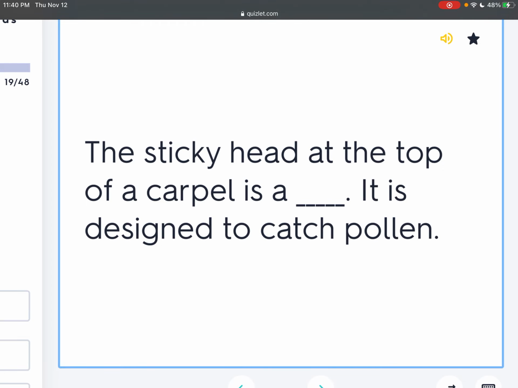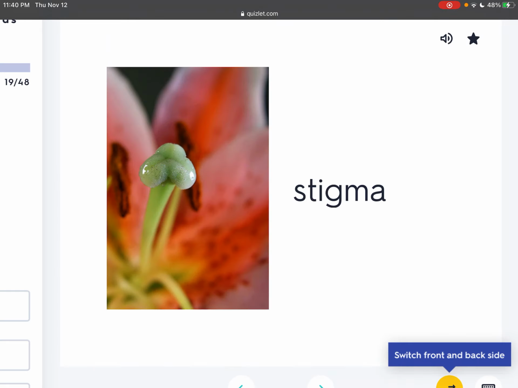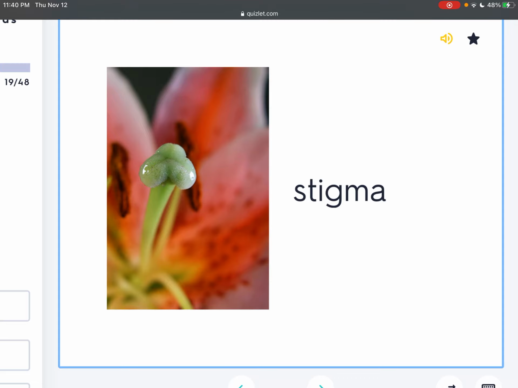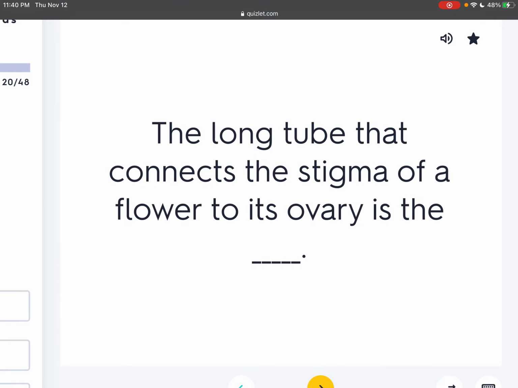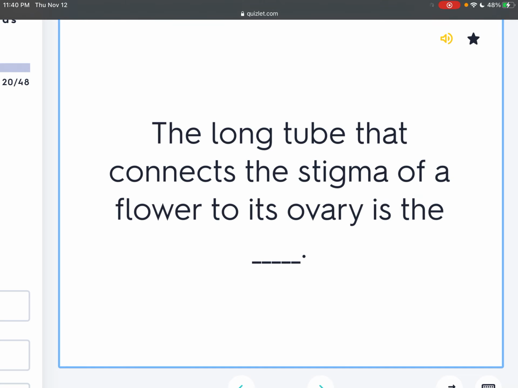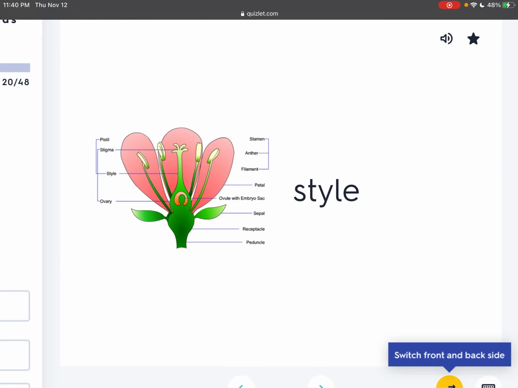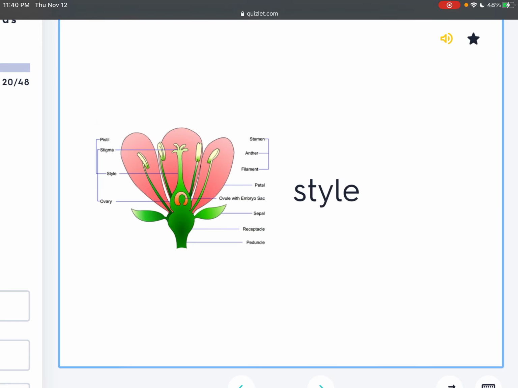The sticky head at the top of a carpel is a blank. It is designed to catch pollen. Stigma. The long tube that connects the stigma of a flower to its ovary is the blank. Style.